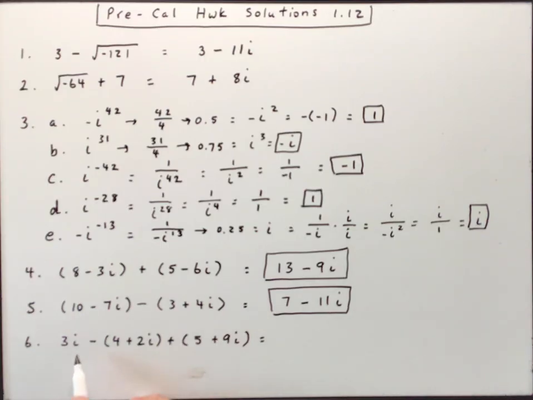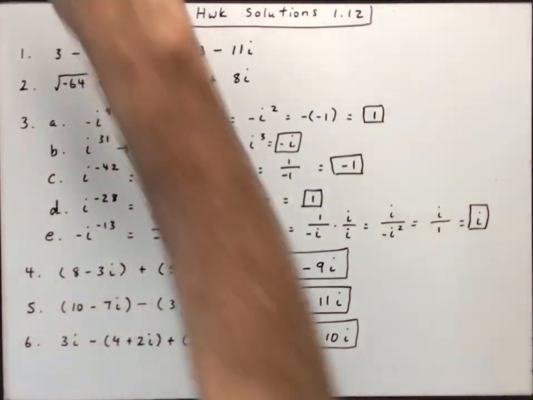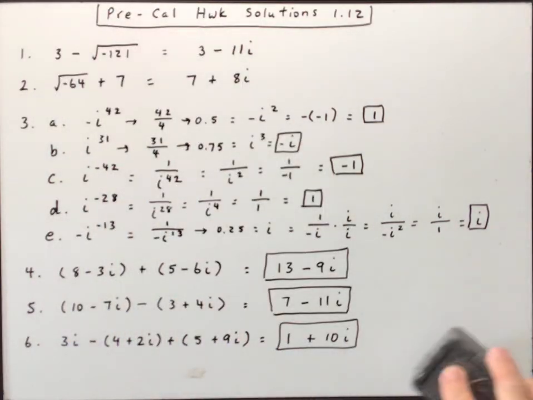All right, and then finally here, let's do the real part first. That'd be negative 4 plus 5, so that's 1. And then we have 3 minus 2 is 1, plus 9 is 10, so 1 plus 10i. All right, pretty nice, we got the first 6 done.